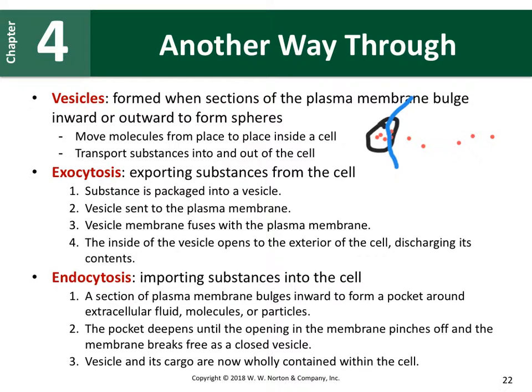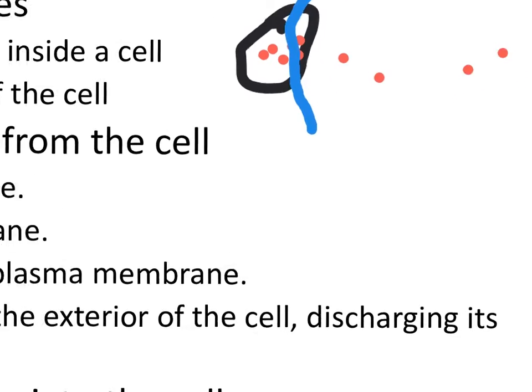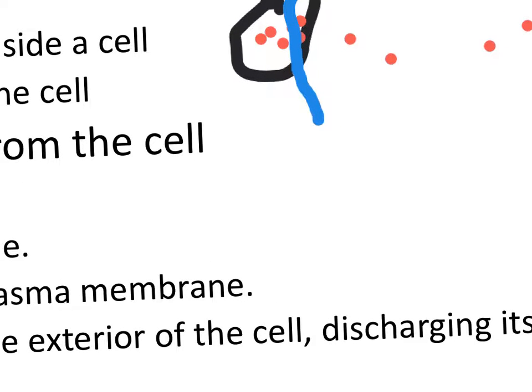Or, as another example, which we'll learn about, this is a neuron. Another neuron. These are vesicles with neurotransmitters.